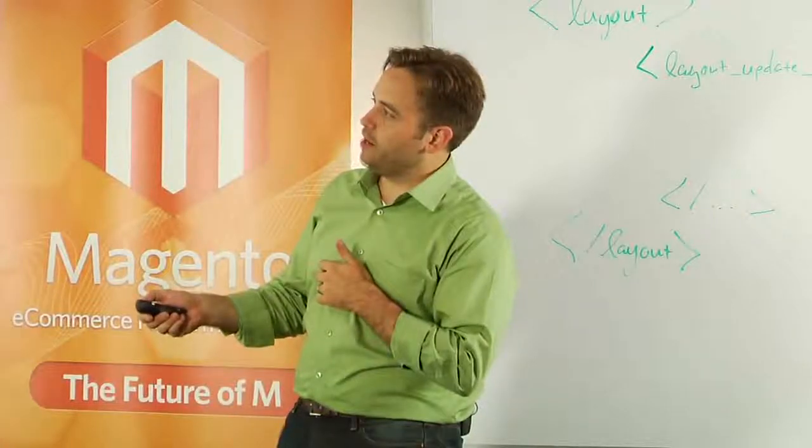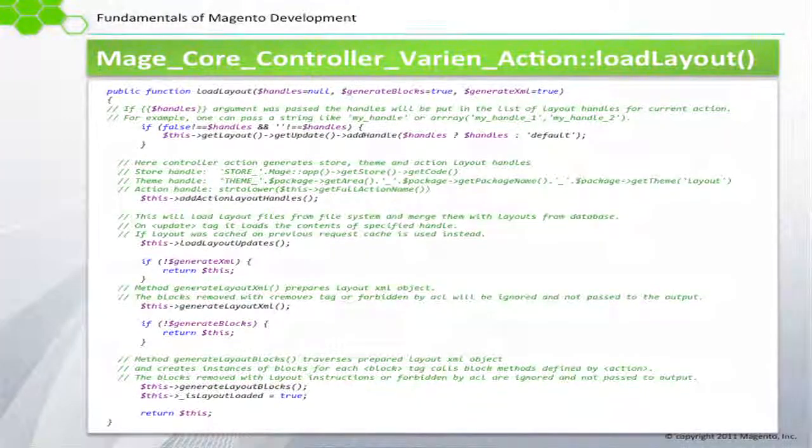Here you see Magento generates some automatic handles. So if you didn't already have enough flexibility, you see here: store underscore, Mage::app()->getStore()->getCode(). Theme, package getArea, package name, package theme. So by default, if I wanted to add some layout instructions in my local XML file, I could actually specify a store code.